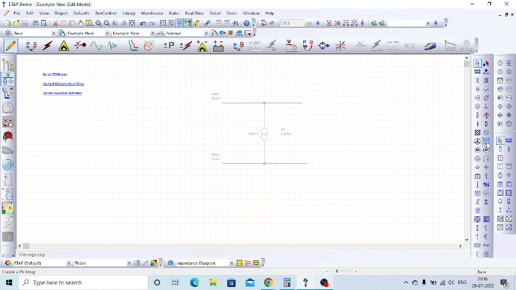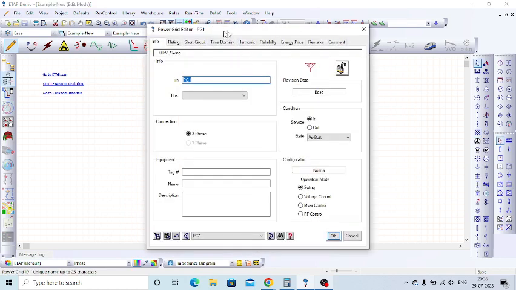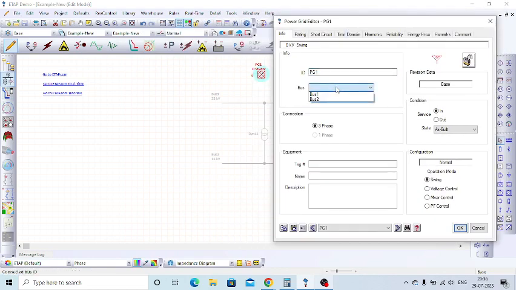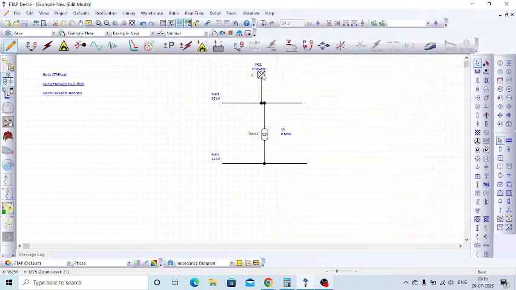That is one way. In the other way, we open the element and the bus will be there. If you select the bus ID, it will connect automatically. That is another way. So we can connect it in two ways.